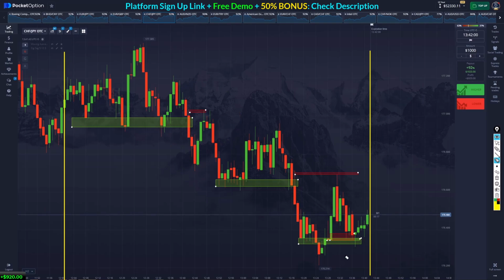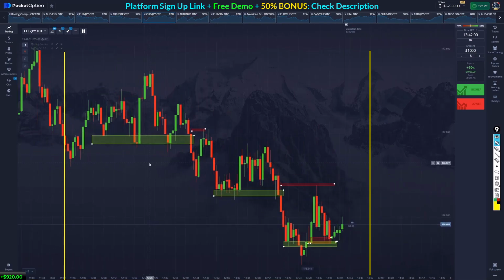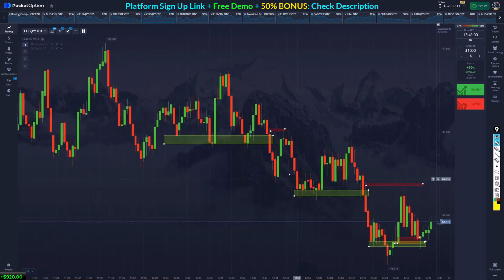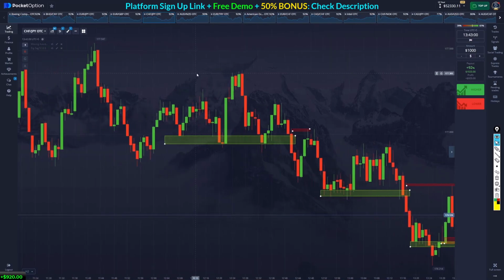So if you just stick to a chart and look for some beautiful trades, you will find them for sure. We can even find more trades on this chart for sure.